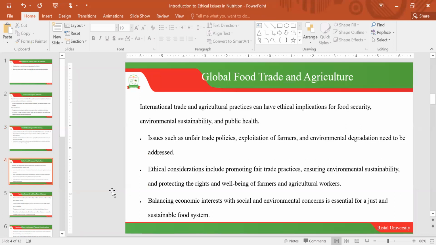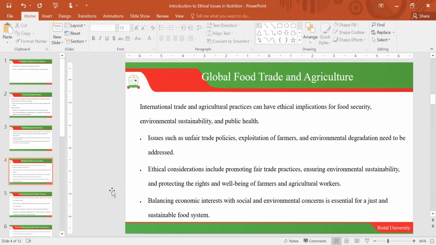So we move to the next one, which is related to what we call global food trade and agriculture. Okay? Now, this is where we get problems.